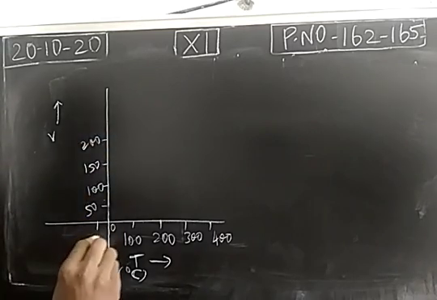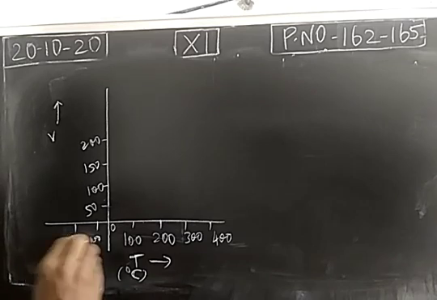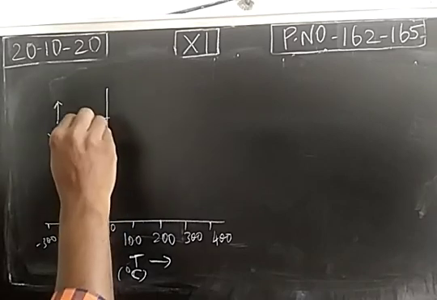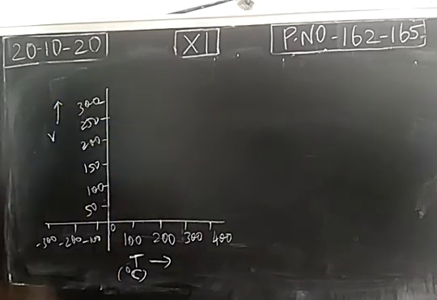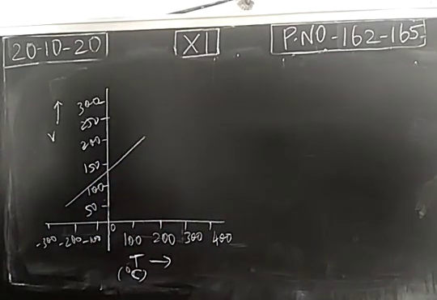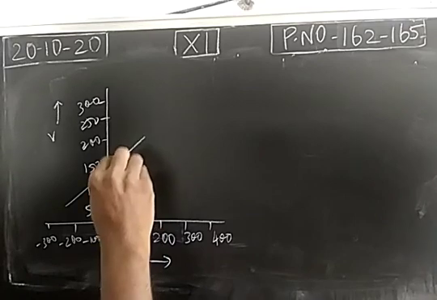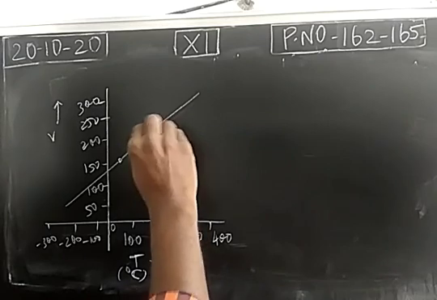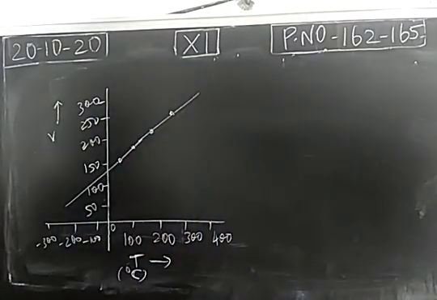So here minus 100, minus 200. So when we relate volume and temperature for a gas, we get a straight line, right? So this indicates volume and temperature are directly proportional.